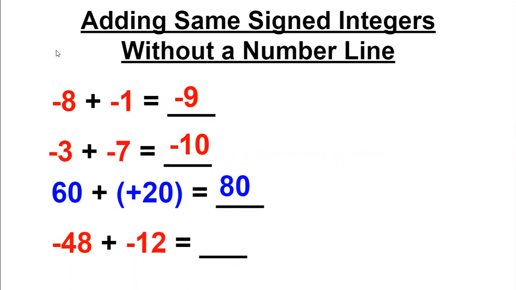And now a little bit harder. Negative 48 plus negative 12. How do I figure that one out? Well, I'm going 48 left, and then I'm going 12 more left on the number line. So we have to add those together, and we should get negative 60. Did you get that? You did, great job.